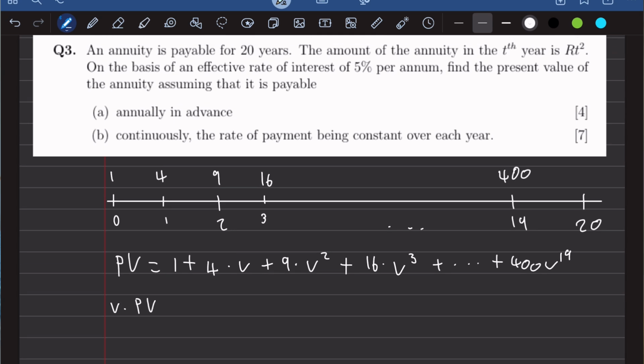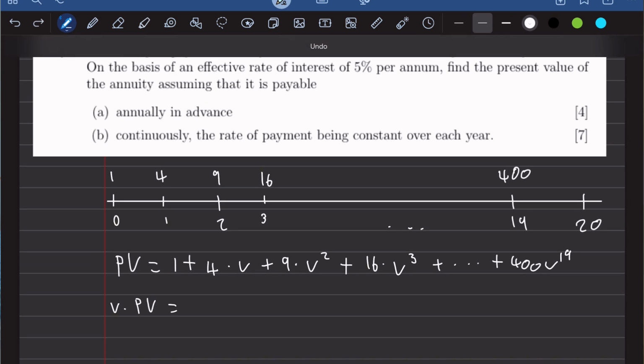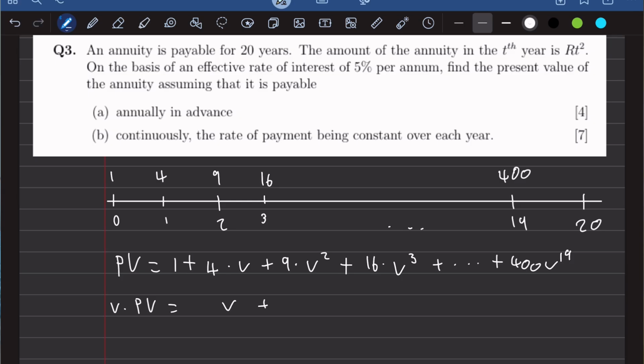So v times the present value will be v plus 4v squared plus 9v cubed, and so on, all the way up until 19 squared times v to the 19 plus 20 squared v to the 20.